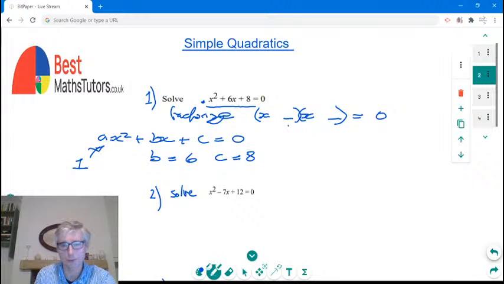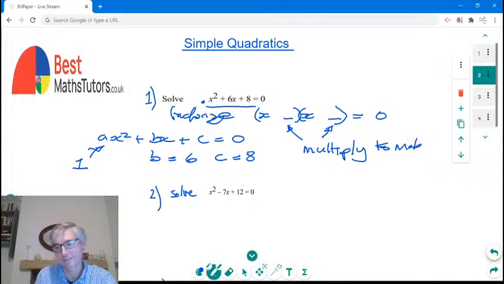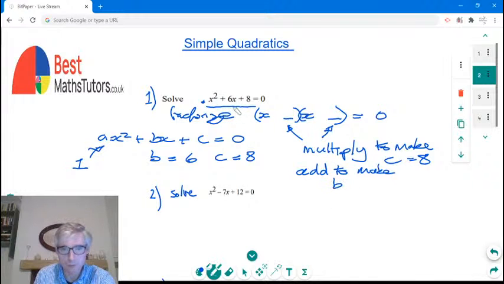The two numbers that we need to put here and here must multiply to make c, so in this case they've got to multiply to make 8, and they've got to add to make b, the number that's multiplying the x. In this case, b is equal to 6.